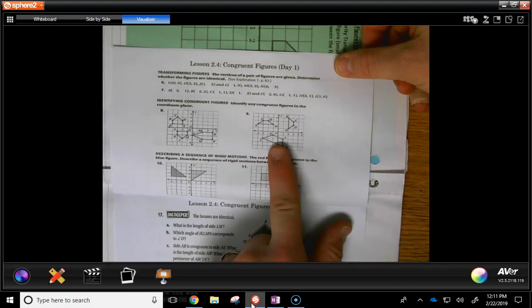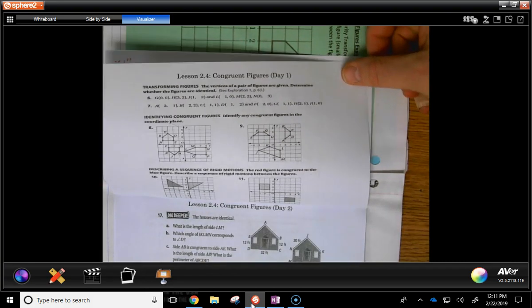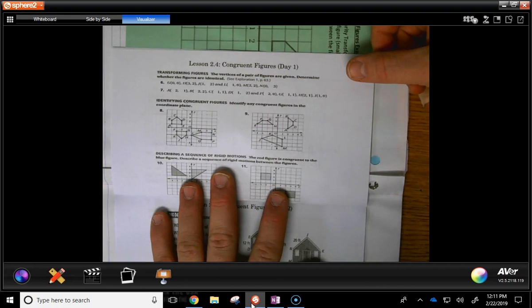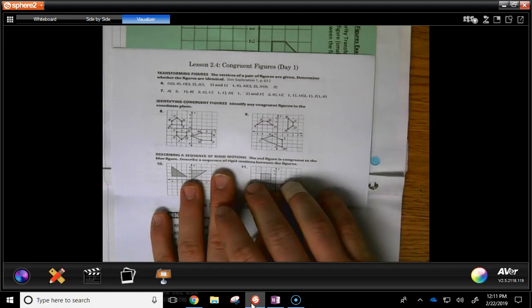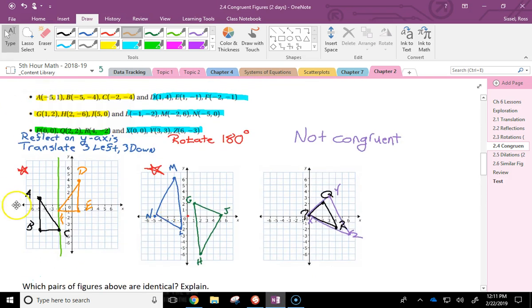On 8 and 9, identify them. Tell me if they're congruent, which ones, and how we got to it. I want to see exactly what we did here. So if you say the two shapes are congruent, say I reflected on the y-axis, I translated left 3 and down 3.